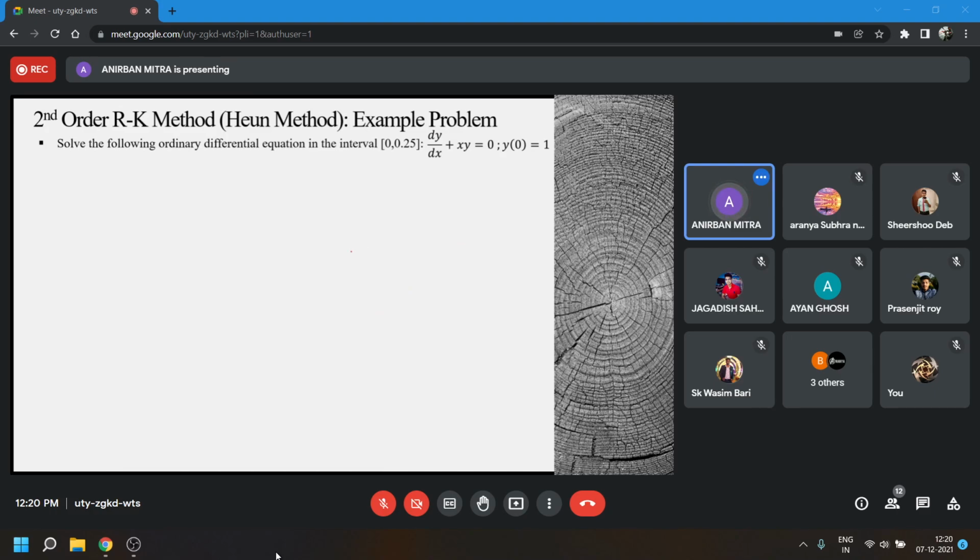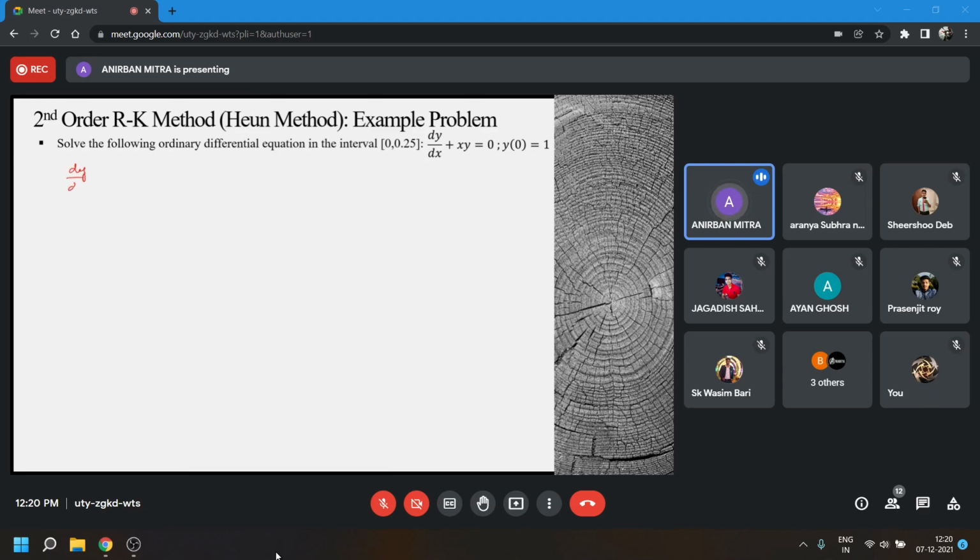It has to be solved in the same interval, that is from 0 to 0.25. And we can simply apply the technique that was developed in the previous slide. Let's at least try to do one step of this problem in order to clarify the thing. So let me just write it over here.